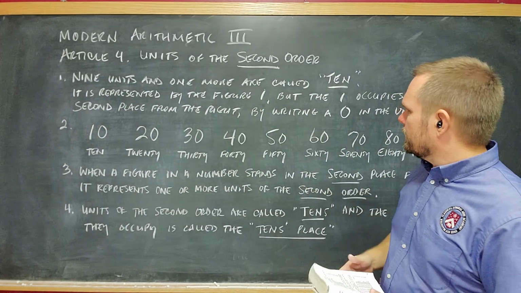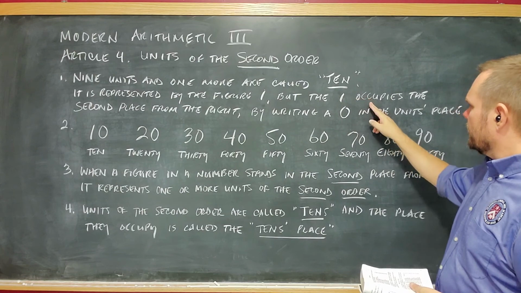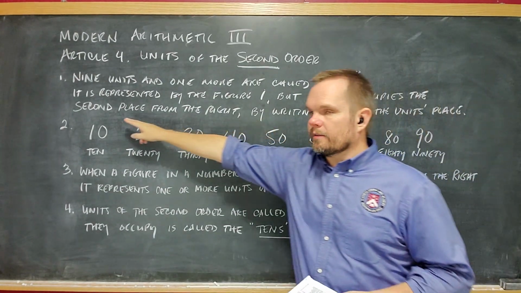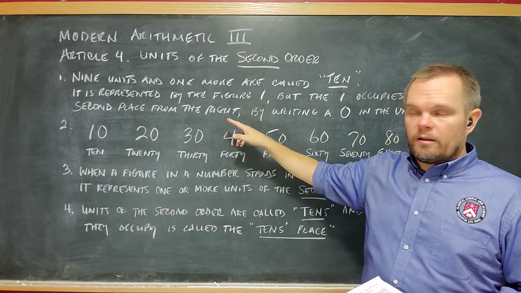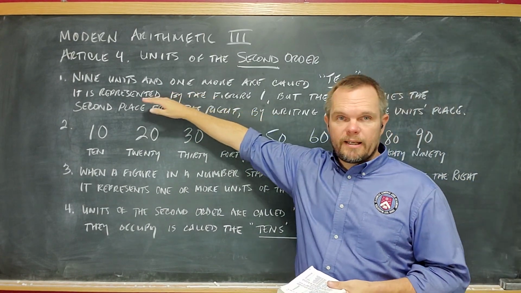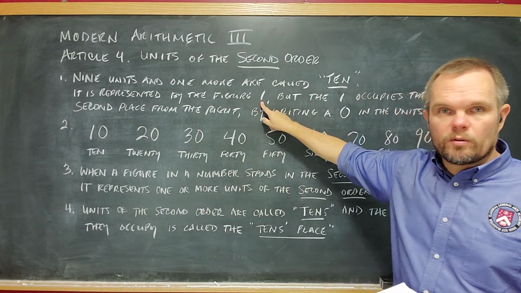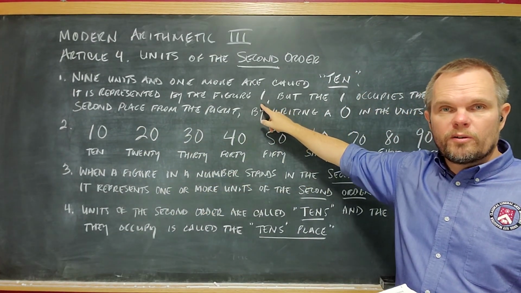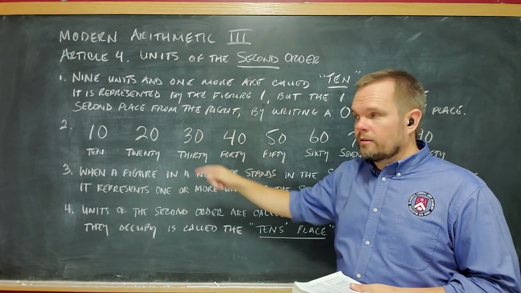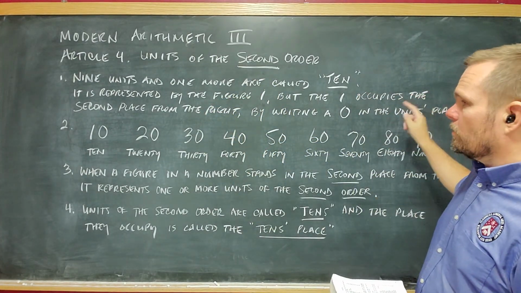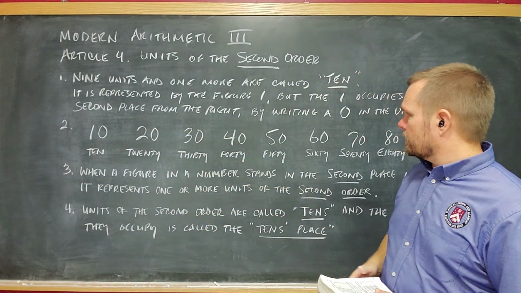Well, let's keep reading. But the 1 occupies the second place from the right. When we write the number 10 in Arabic notation, we use the figure 1, but the figure 1 is written in the second place. The figure 1 occupies the second place from the right.